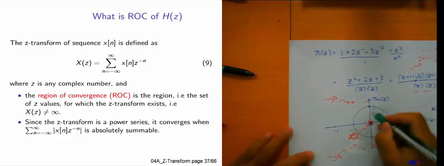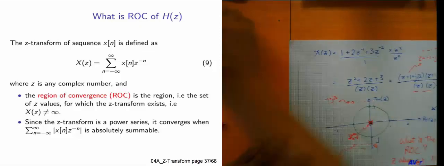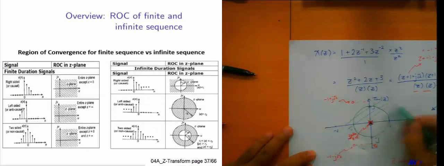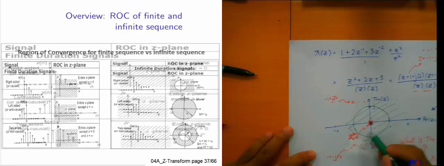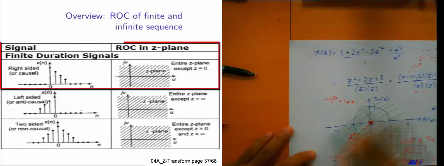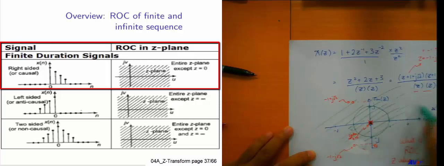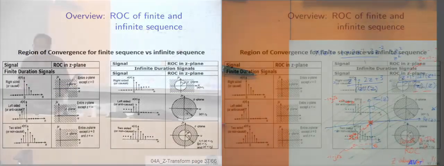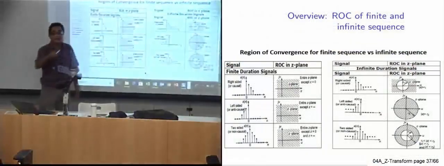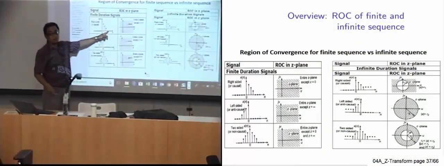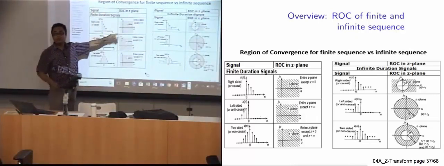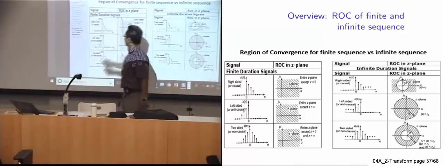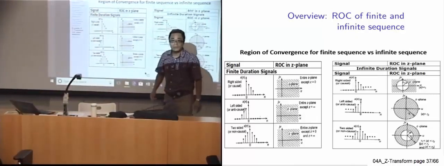So I shade. How do you think I will shade? What am I shading? Correct. The gentleman is correct. The ROC is everywhere except Z equals 0, because this is a finite sequence. For all finite sequences, the region of convergence is the entire Z plane except Z equals 0.